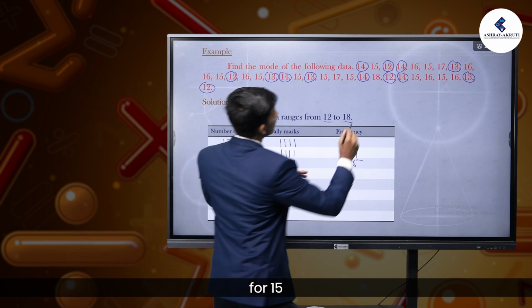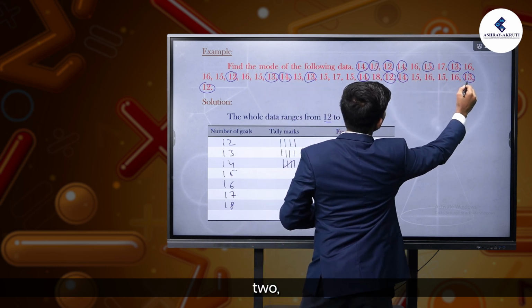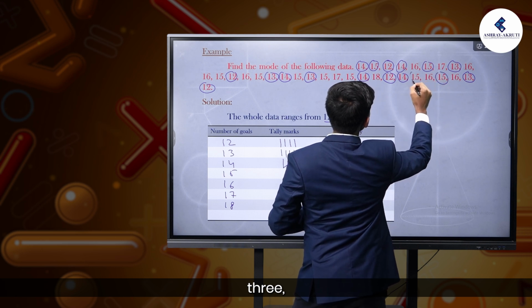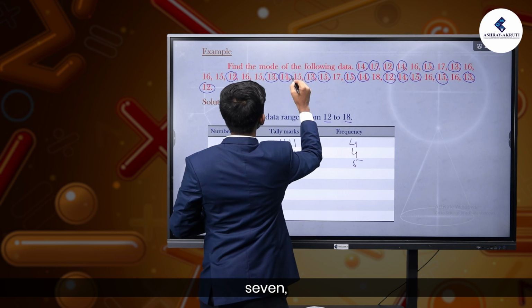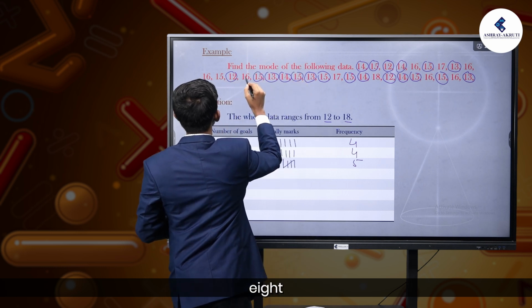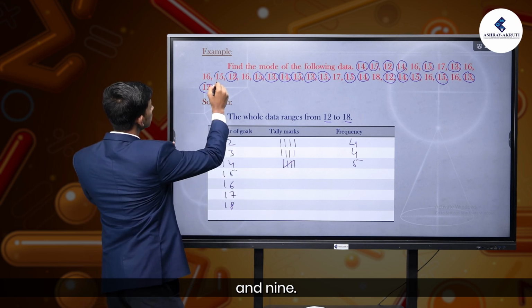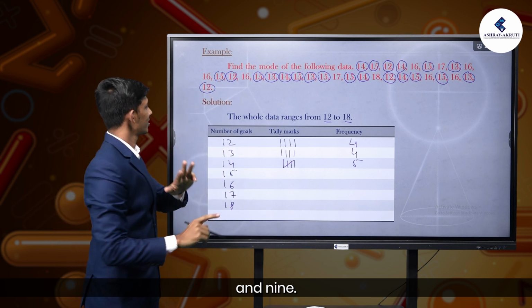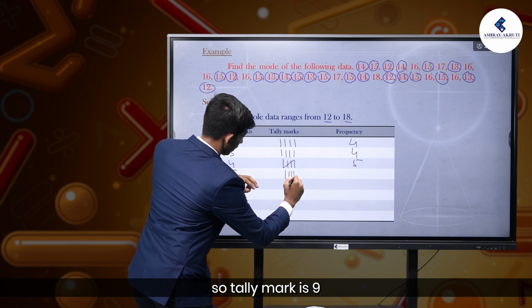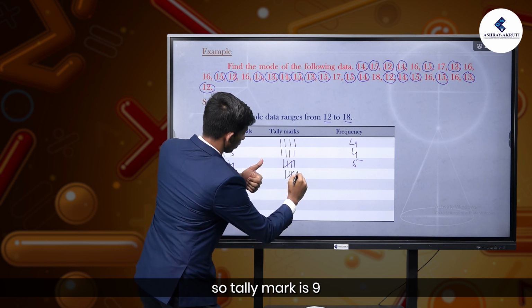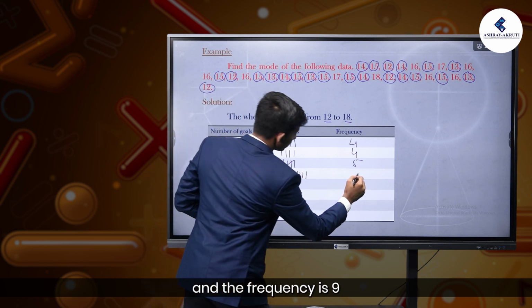For 15, we have 1, 2, 3, 4, 5, 6, 7, 8 and 9. So the tally mark is 9 and the frequency is 9.